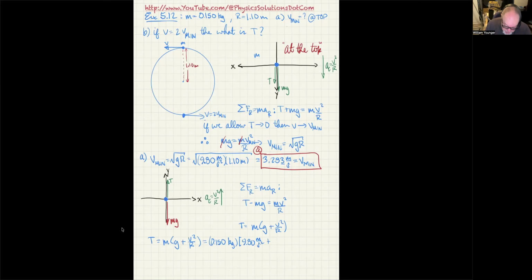If you multiply v min times 2, you get 6.567. So that's going to be 6.567 meters per second, and that's got to be squared. And I'll just put a little note here: this is v equals 2 times v min. So that's where that came from.